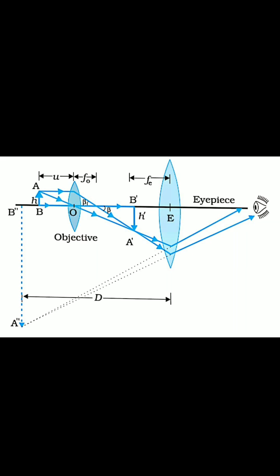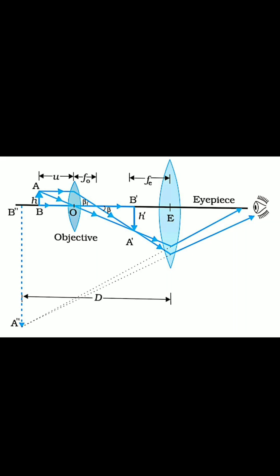Here the image A dash B dash is placed in between the focal length of the eyepiece and its optical center. So the second part of this compound microscope will behave as a simple microscope.